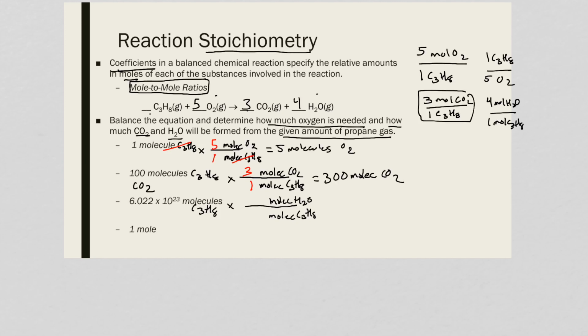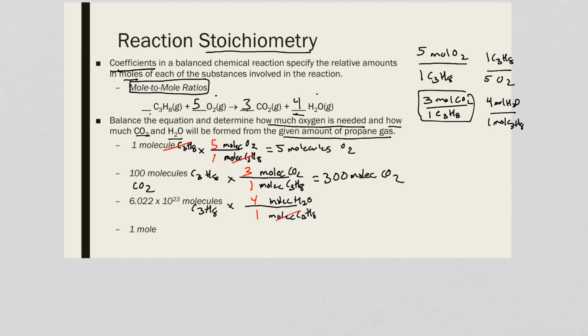So if I go back to my balanced equation, my ratios, I'm going to make 4 waters for every 1 propane. So I have 4 water to 1 propane.